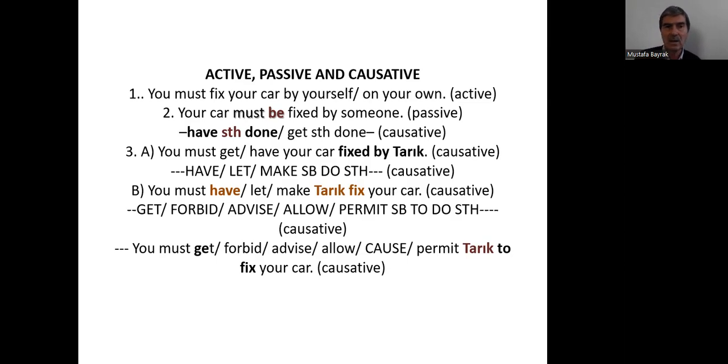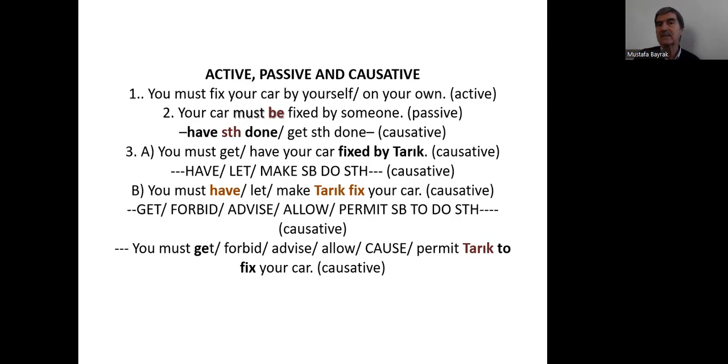Now, get, forbid, advise, allow, permit somebody to do something. As causative, you must get, for example, or forbid, or advise, or allow, permit Tarık to. You must permit Tarık to fix your car. You must allow Tarık to fix your car. But let means both permit and allow.